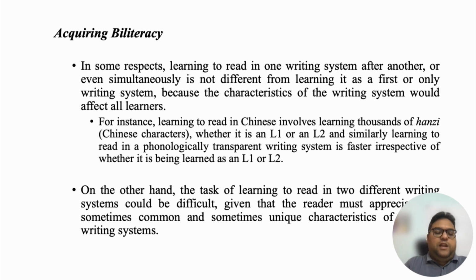So let's say you suddenly decide, I know English, I know one Indian language, let me try and learn to read and write in French. Now it would be as if you are doing it for your first language, because you will be acquiring that skill for the first time.